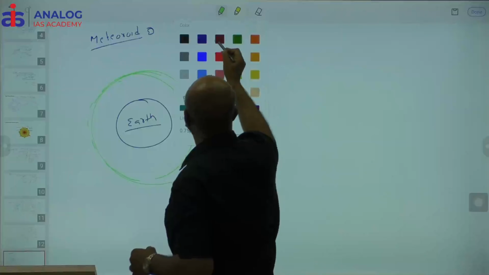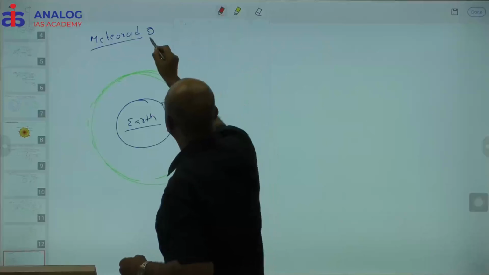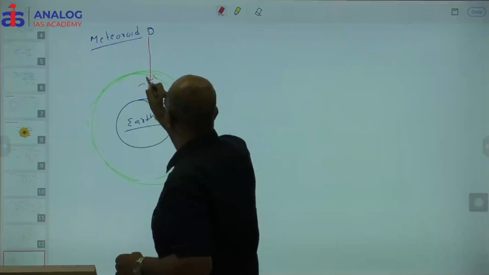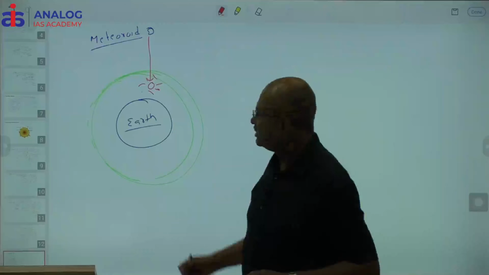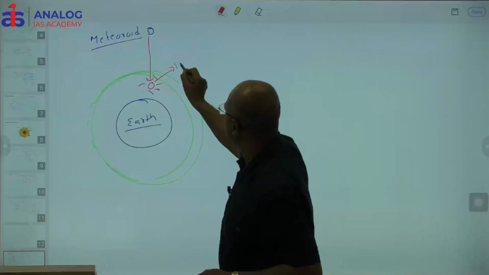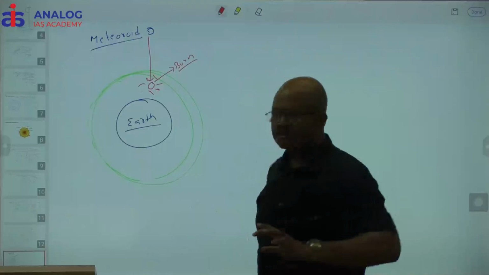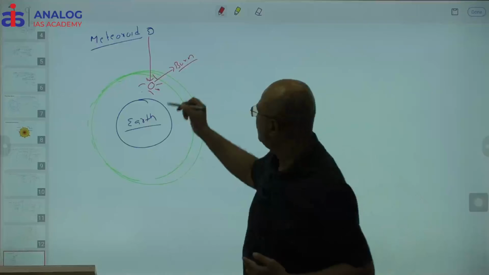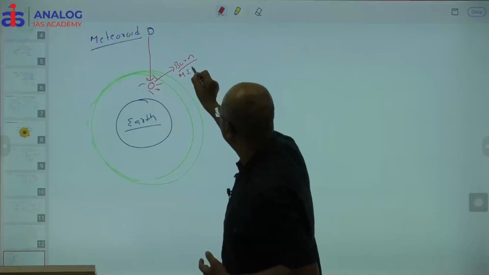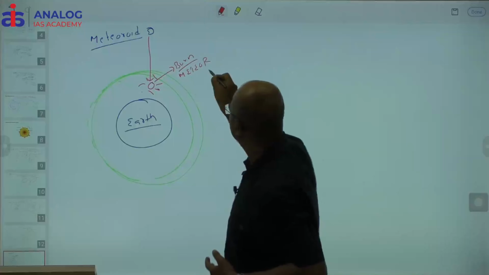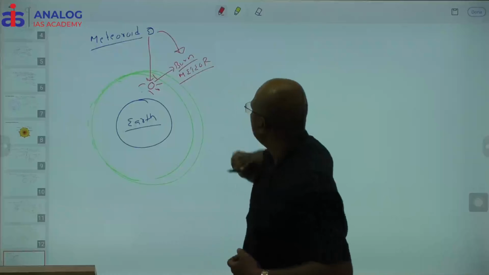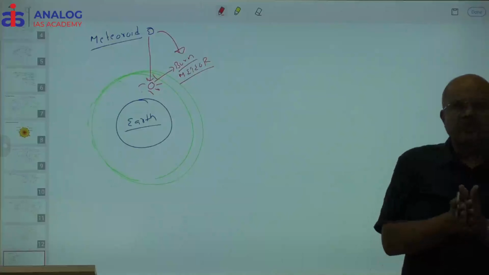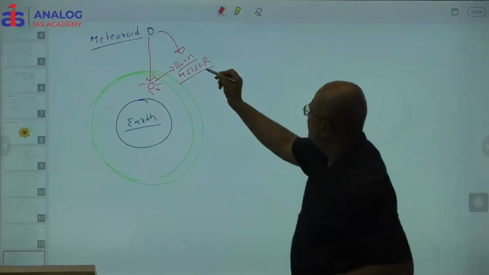Now, the moment when this meteoroid enters the Earth's atmosphere, it starts burning. And this burning meteoroid, we refer to that as a meteor. And it burns because of friction. Right?